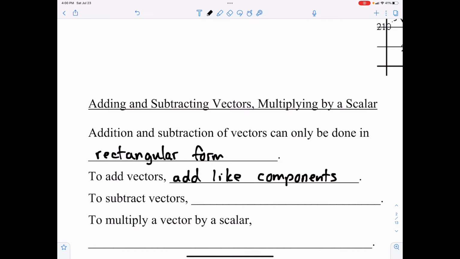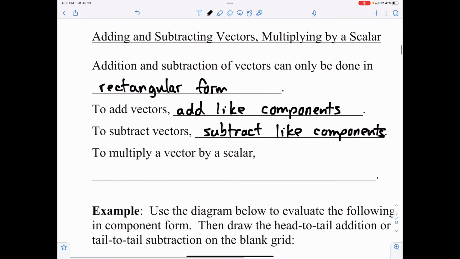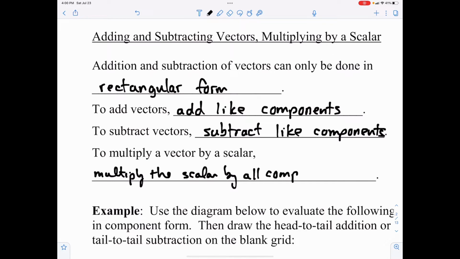To subtract vectors, you simply subtract x components and subtract y components. To multiply a vector times a scalar, you're going to multiply the scalar by all components of the vector.